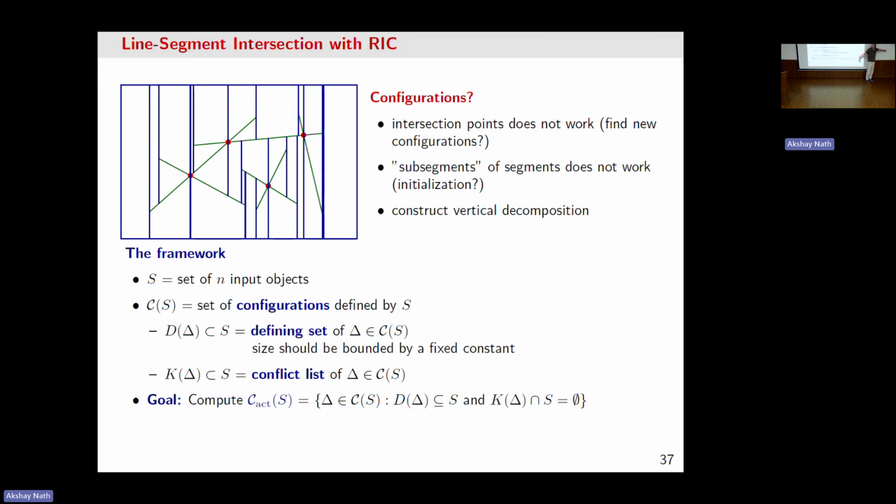Everybody is in the conflict list of that bounding box, right? Because everybody is intersecting it. Okay, so I delete that trapezoid and I replace it by these 4 new trapezoids. And I have to look at what are the conflict lists of these guys.